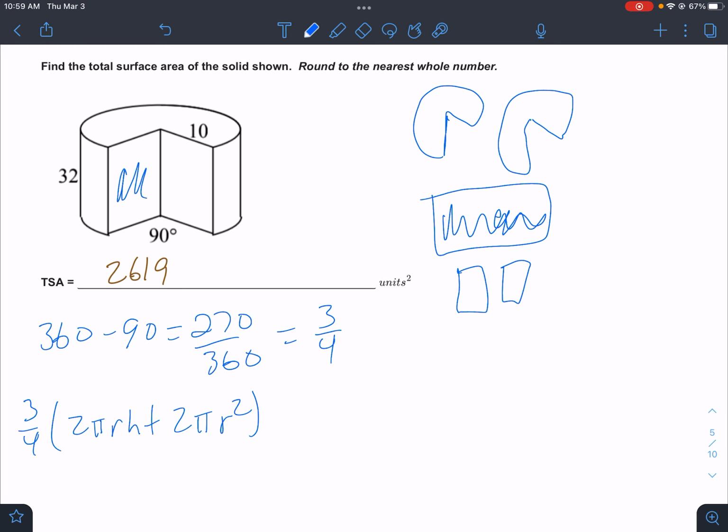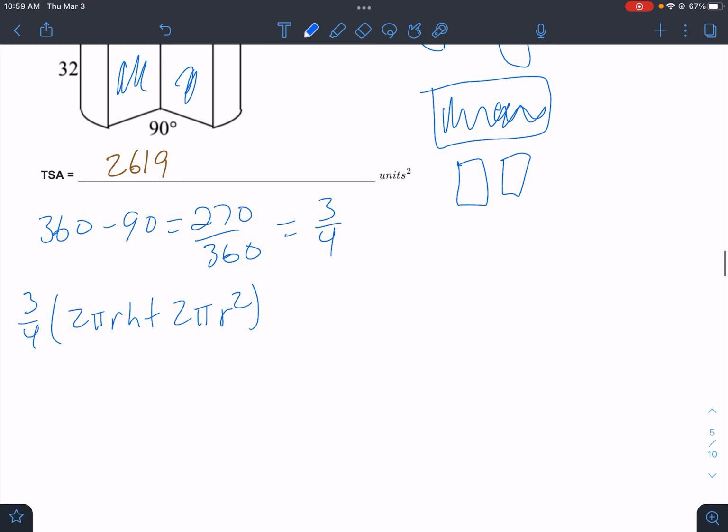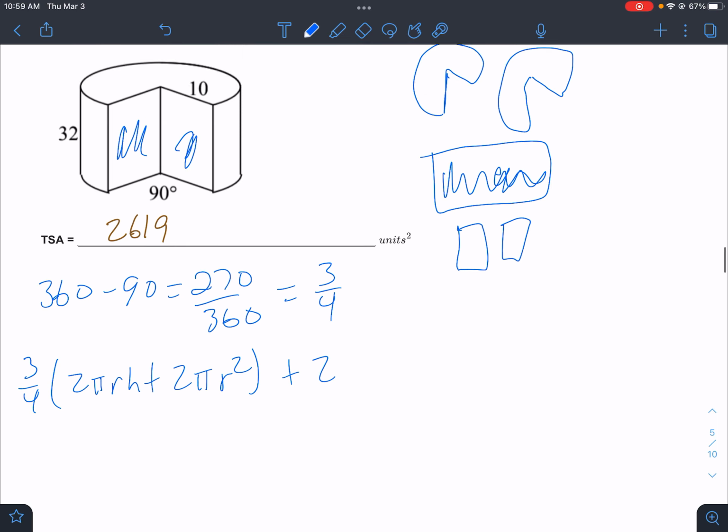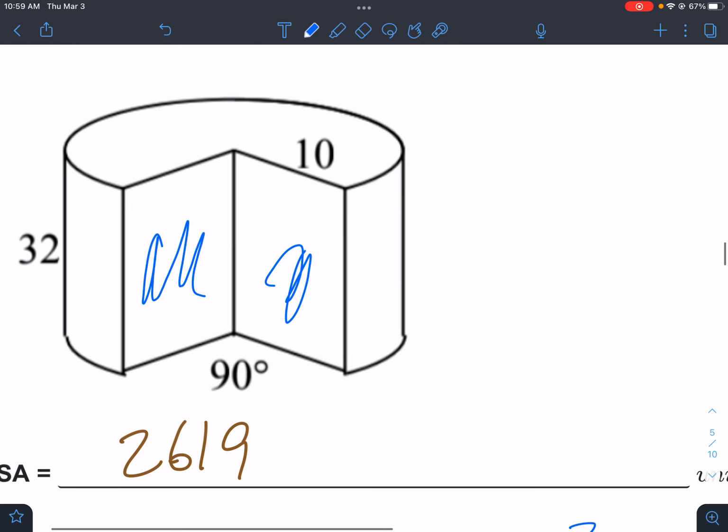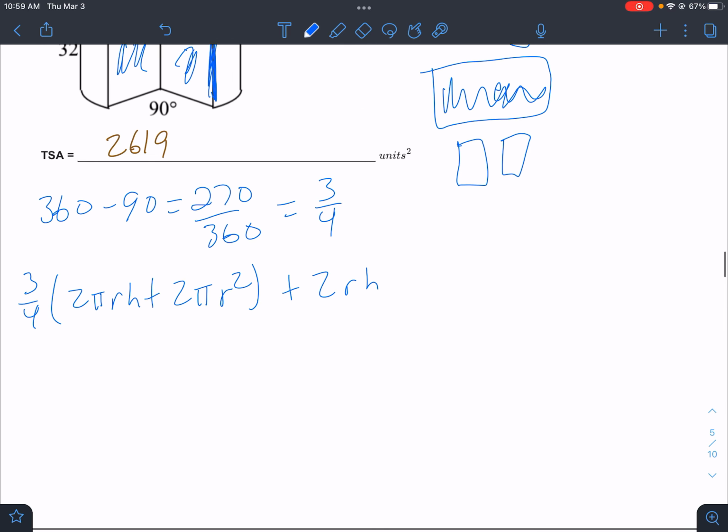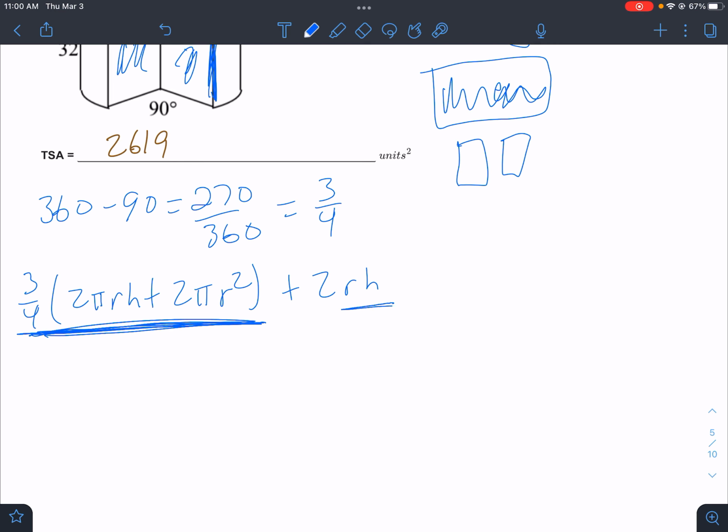But there are 2 new pieces, and they're rectangles, plus 2RH, because the radius is like the width and the height is like the length. This is the length and width of a rectangle, and there are 2 of them. So this is my plan. This will give me all the curved parts, the sector on top, the sector on bottom, and the curved lateral surface around the cylinder. This will give me the two rectangles.